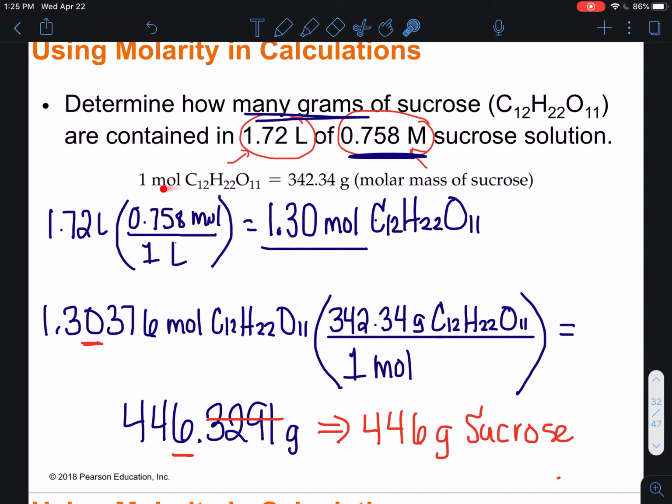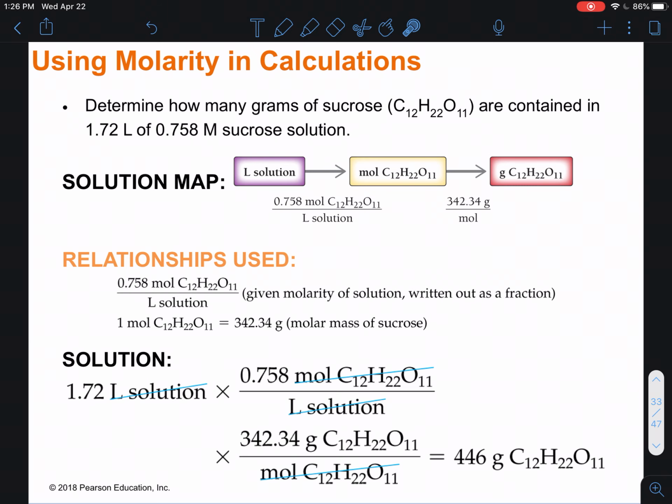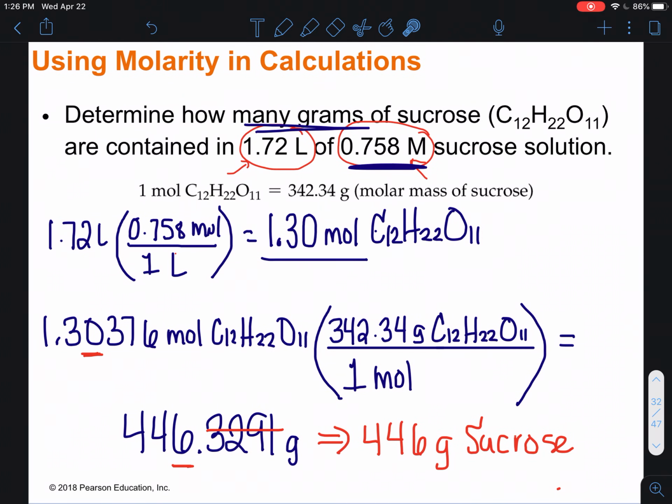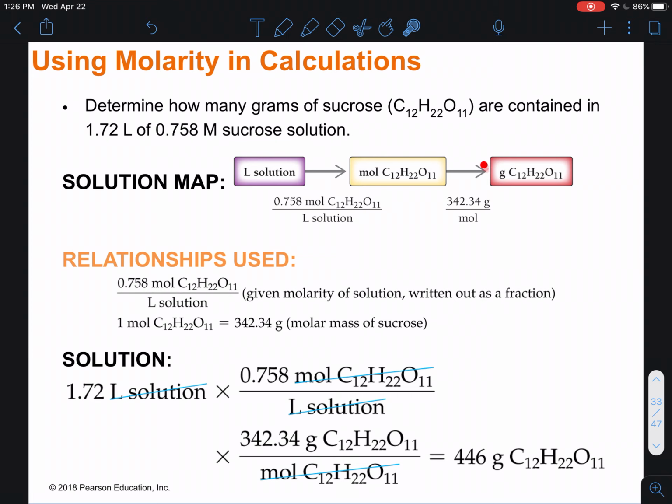We arranged our conversion factor so the liters canceled, giving us moles, which is what we wanted. Then that's how many moles are present in 1 liter of a 0.758 molar solution of sucrose. Then we took 1.30 moles and converted it to grams using the molar mass of sucrose. And again, 446, and this is the whole thing right here.